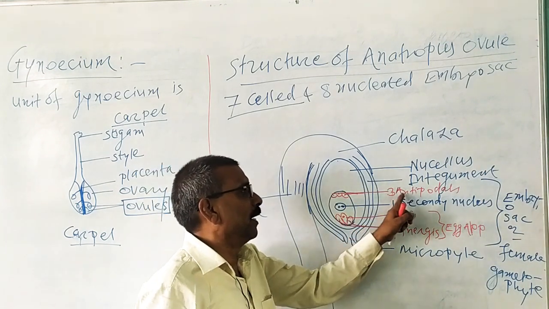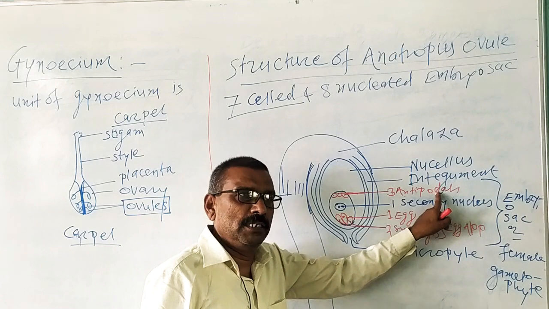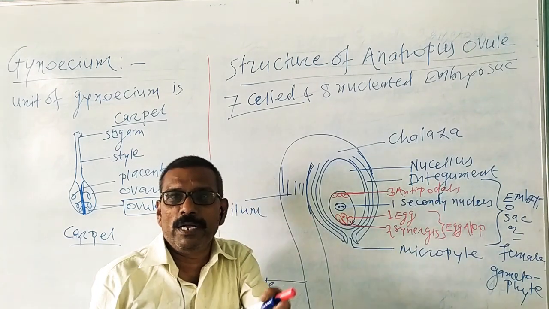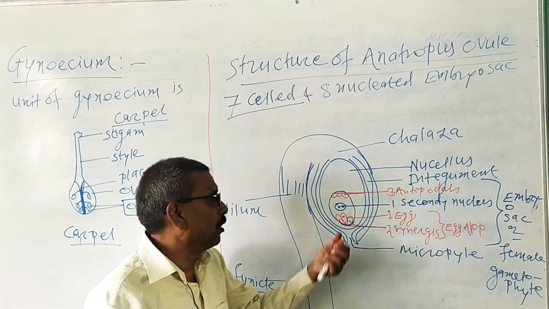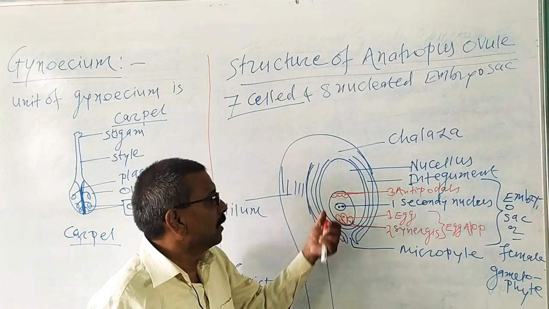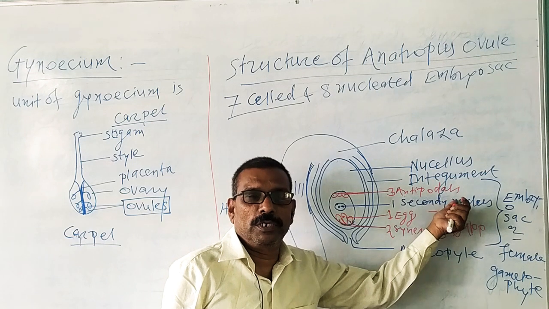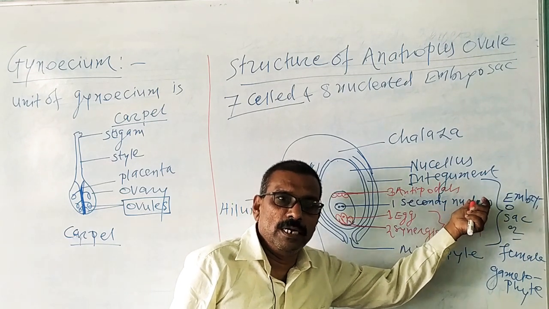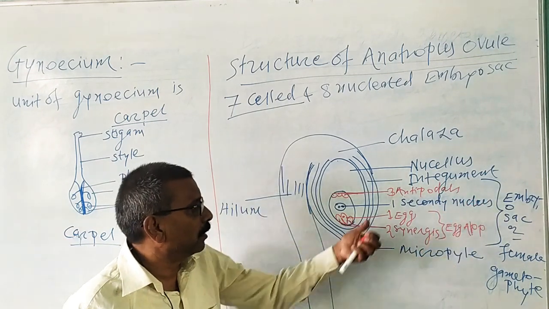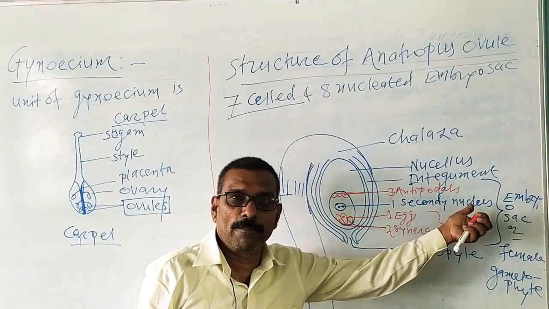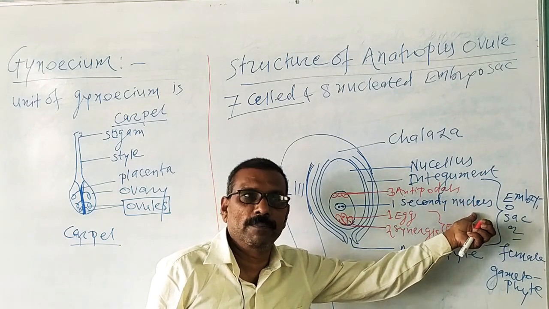Then next one, 3 antipodals of the embryo sac may disintegrate and their content provides nourishment to the developing embryo produced from the egg. Secondary cell after fertilization converts into a triploid cell and it gives rise to endosperm in the seed.